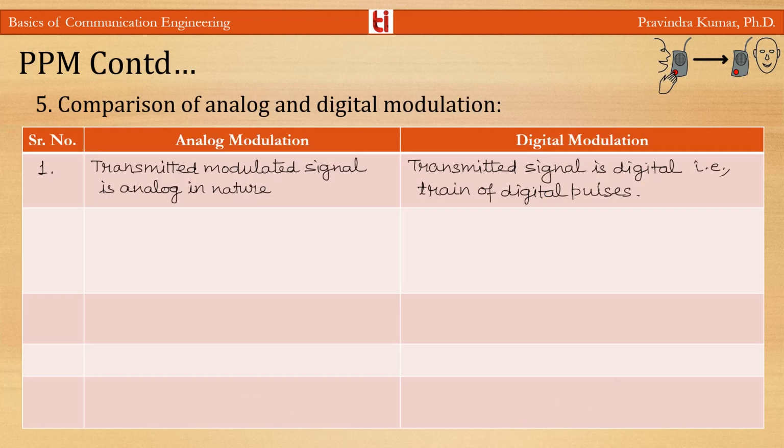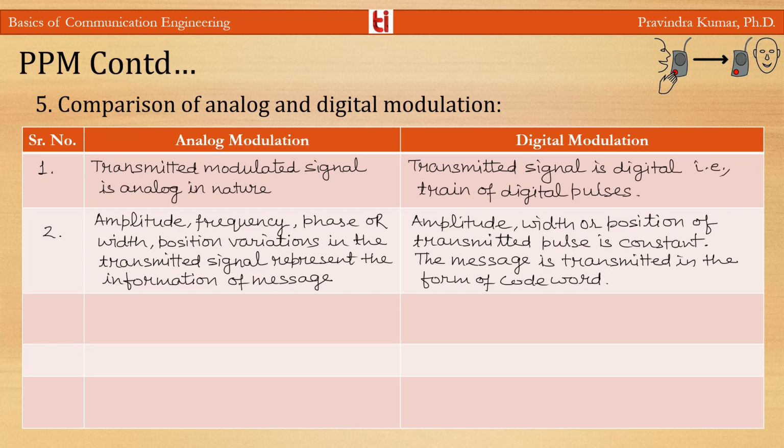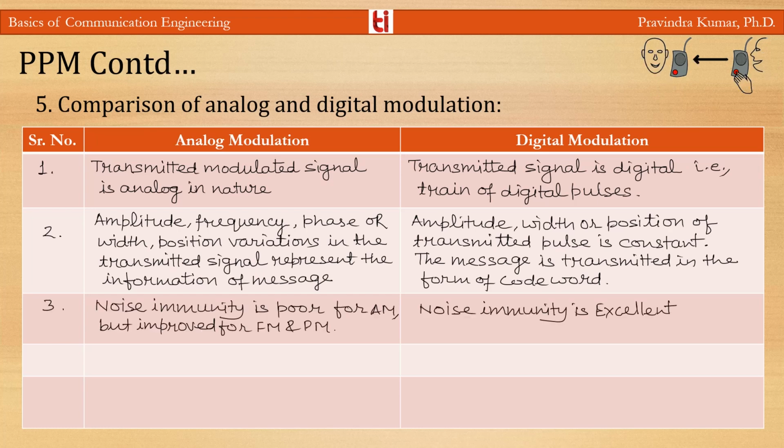Now, comparison of analog and digital modulation. In analog modulation the transmitted modulated signal is analog in nature, and in digital modulation the transmitted signal is digital, that is, a train of digital pulses. In analog modulation, amplitude, width, position, frequency or phase variation in the transmitted signal represents the information of the message.